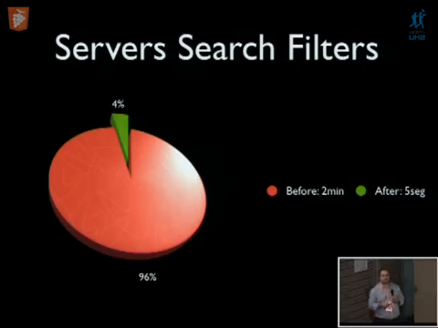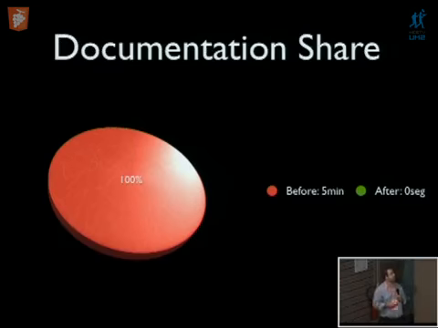Now it takes 5 seconds, so they spend only 4% of the previous time. Documentation share: before 5 minutes, now they don't spend any, because it's public, up to date and centralized.